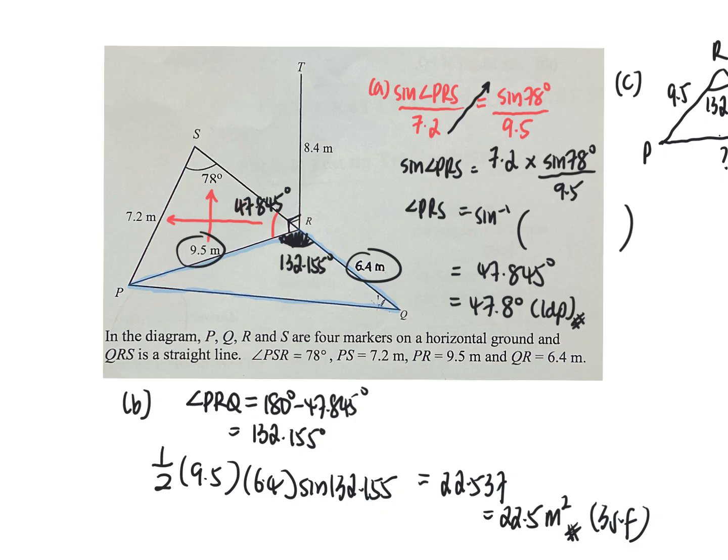So remember, this is the length that you want. So PQ square is the sum of squares of the other two sides minus 2 times the product of these two lengths, and then followed by cosine of the angle in between, not sine. Some of you work so hard but write sine and everything is wrong.